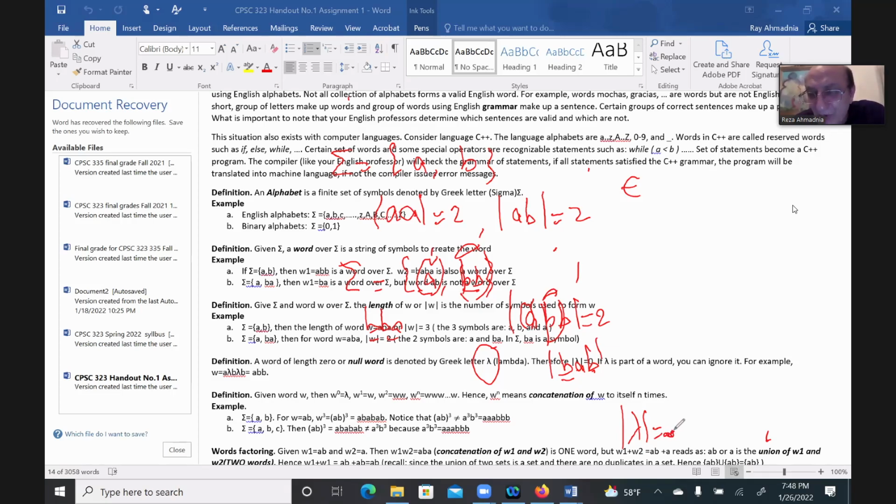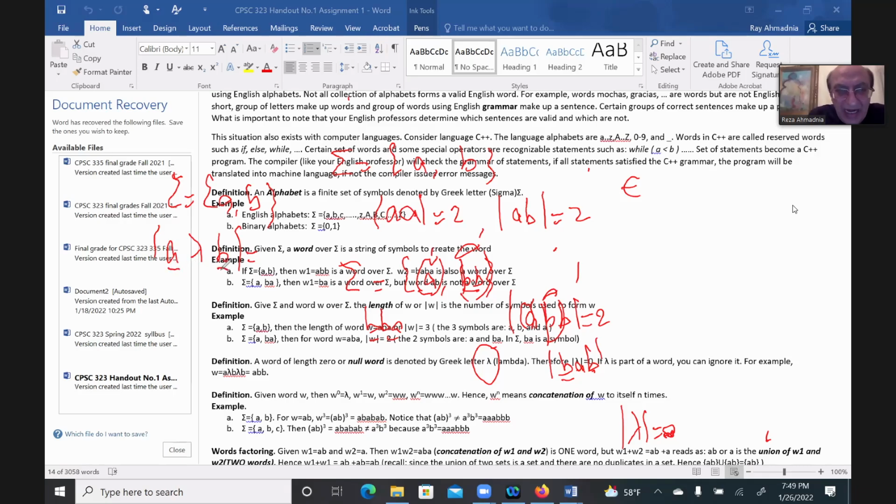And then at this point, you want to say, okay, what do you mean? We don't have any word of length 0. You are right, until I give you an example, then you can see how important lambda is. If lambda is part of any word, for example, sigma is A and B, and I have a word A, lambda, B, what is the length of this one here?